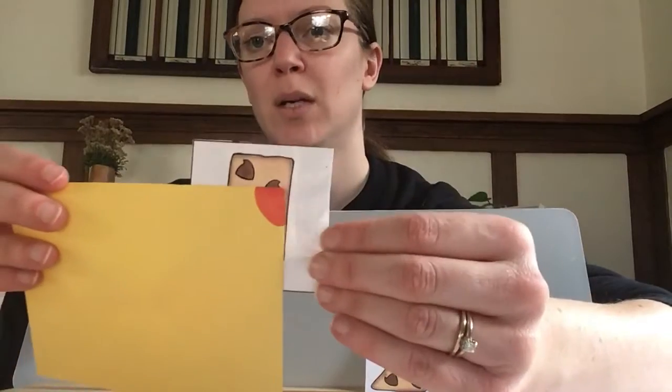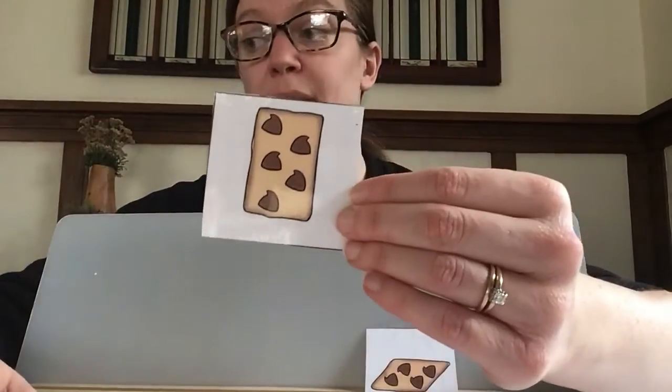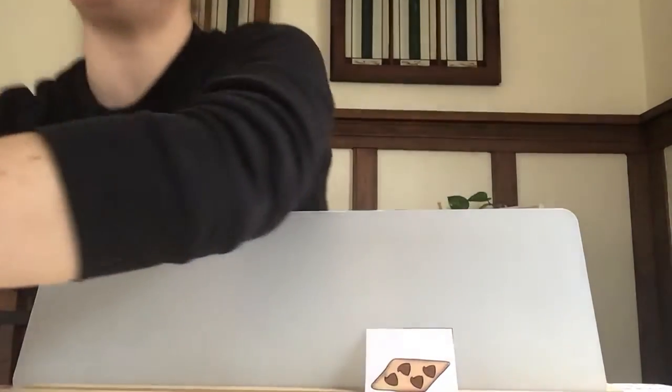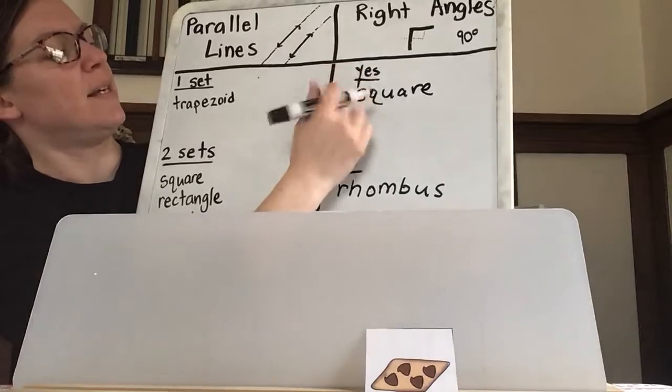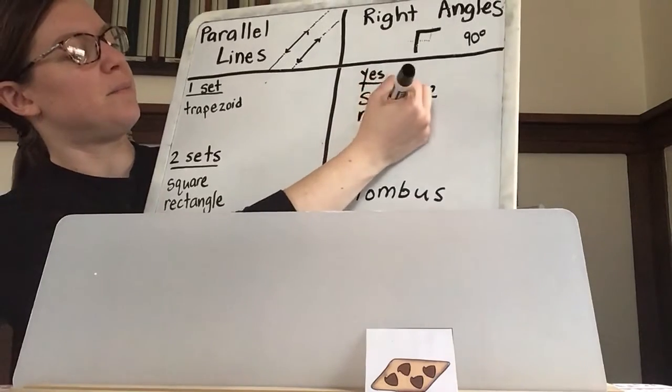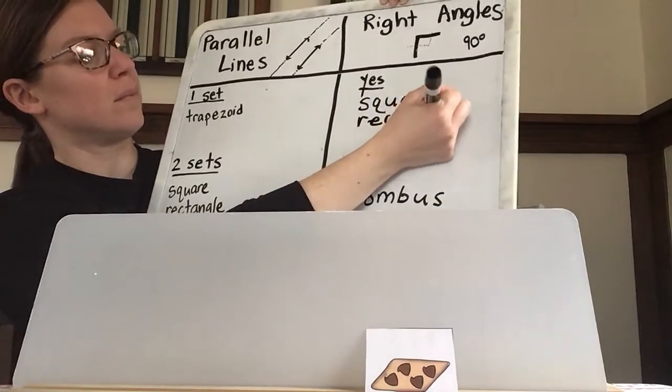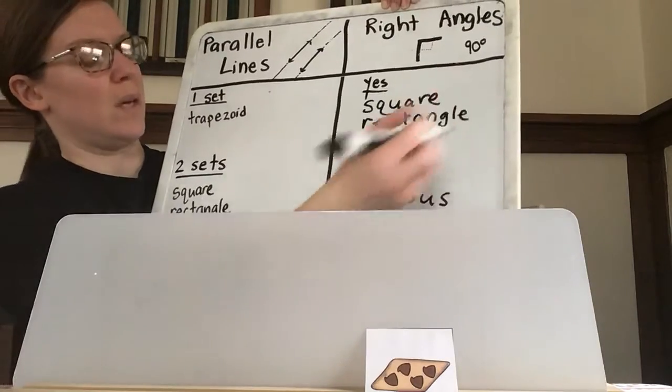Yep, that rectangle has a right angle. Okay, last one. Here we go. So a rectangle has right angles. So if you go back in your notebook, underneath right angles, I can write yes. I'm going to add rectangle.